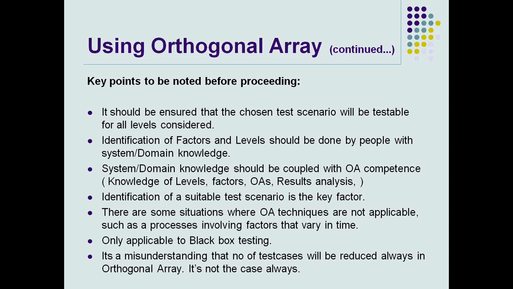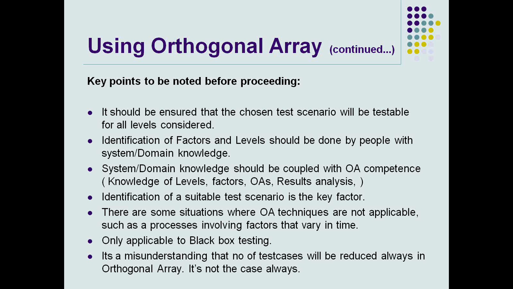But at times some auto ID would be generated in the tool, some ID which gets automatically generated with reference to a certain time or some instance of time. So therein, we cannot use that parameter for the OA technique. It is normally applicable to black box testing.